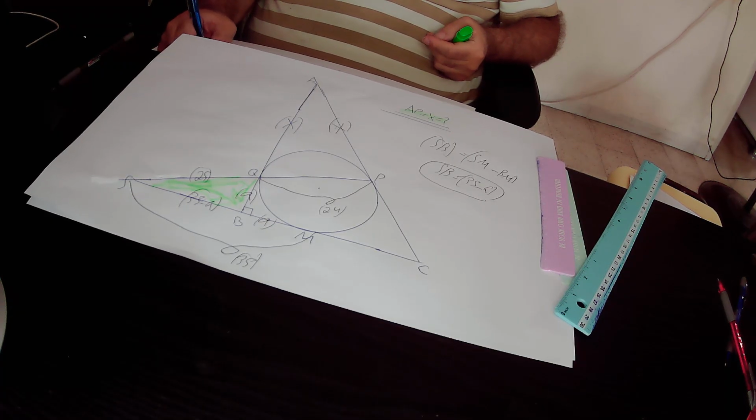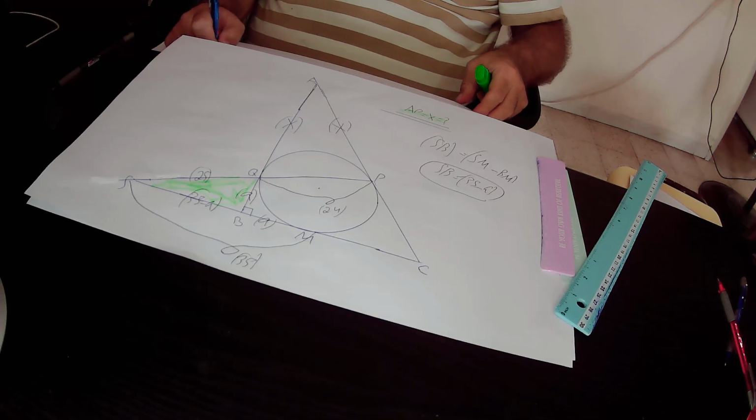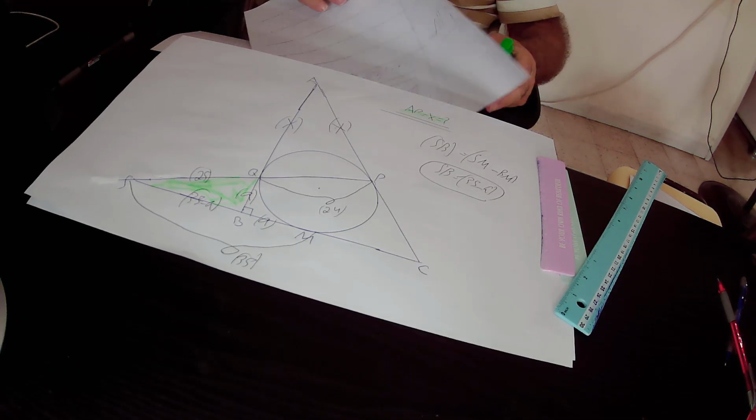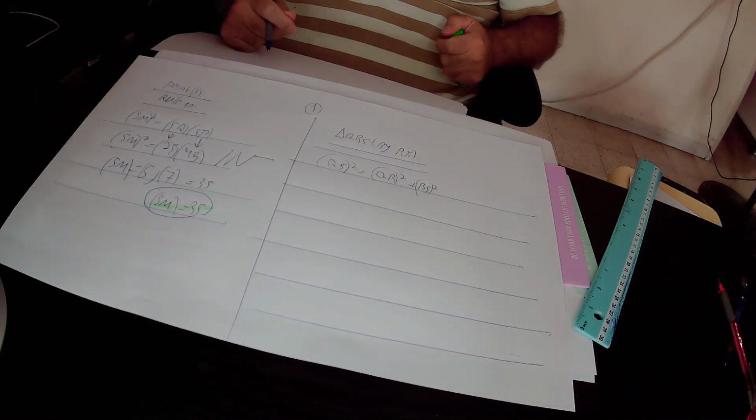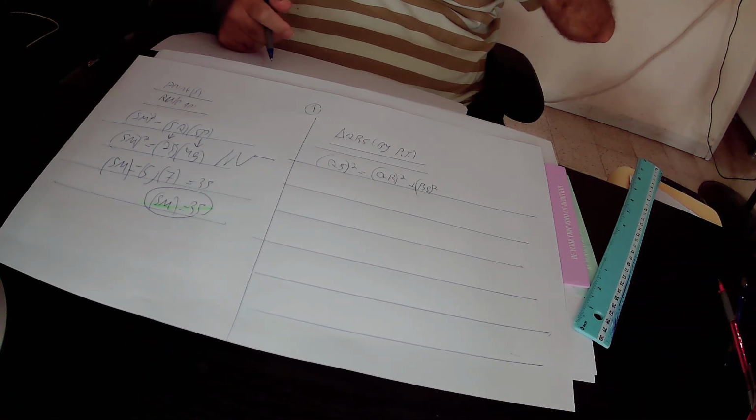Again, in this green right triangle QSB, according to the Pythagoras theorem, QS squared, the square of the hypotenuse, equals QB squared plus BS squared.